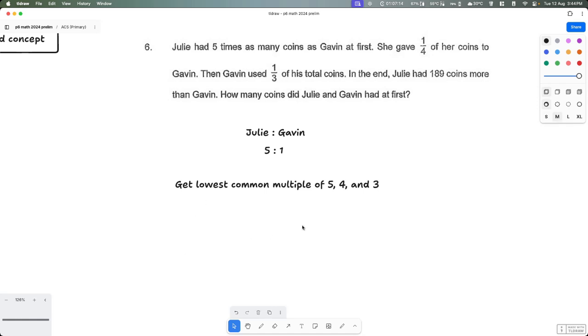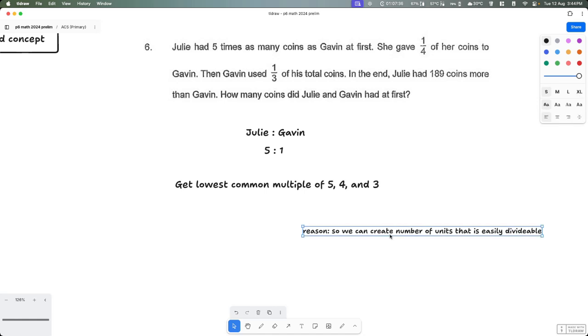The reason is so we can create a number of units that is easily dividable.